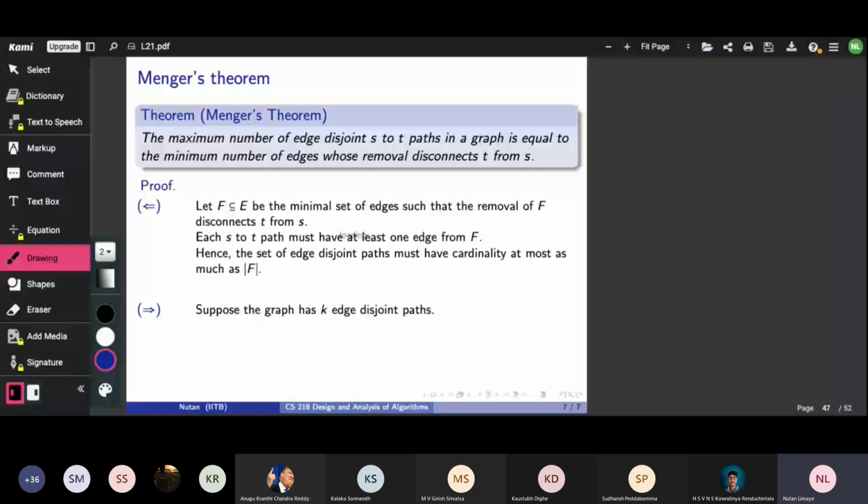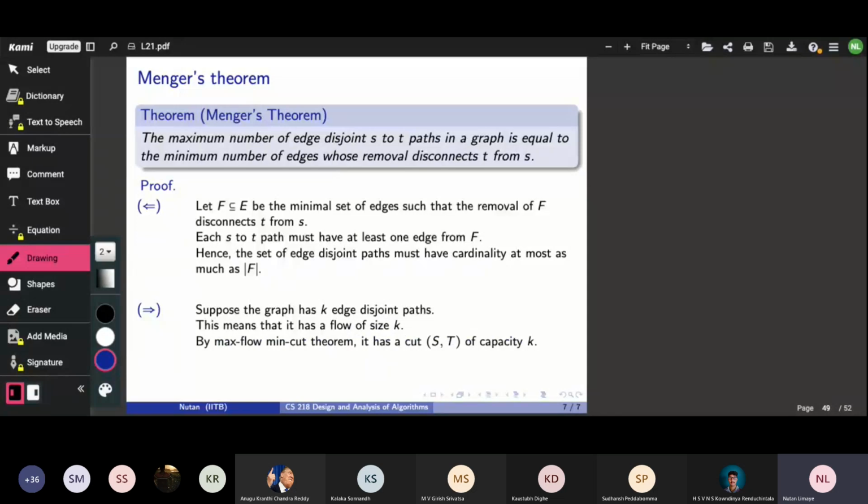On the other hand, suppose your graph has k edge disjoint paths. Now, this direction goes via a connection to the Max-Flow-Min-Cut theorem. So that's what we are going to appeal to next. If there are k edge disjoint paths, then as we saw in the previous application, this means that there is a flow of value k in the graph.